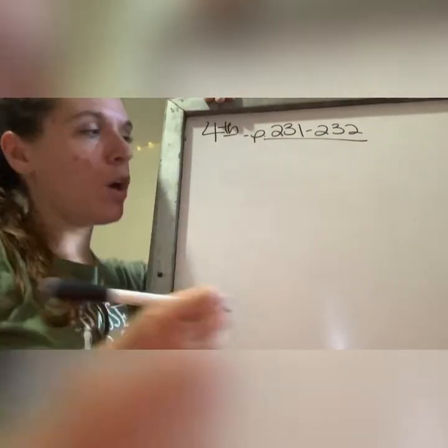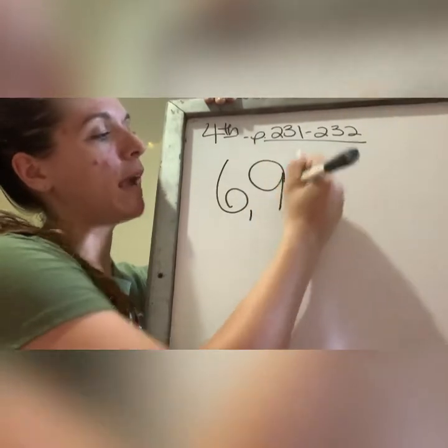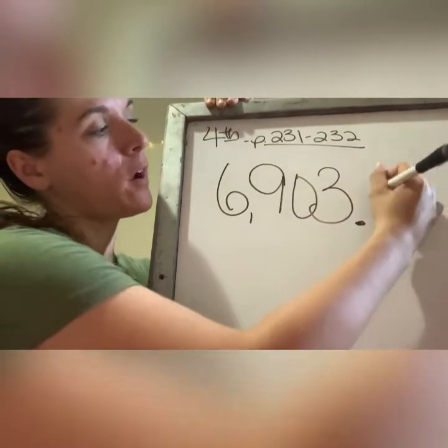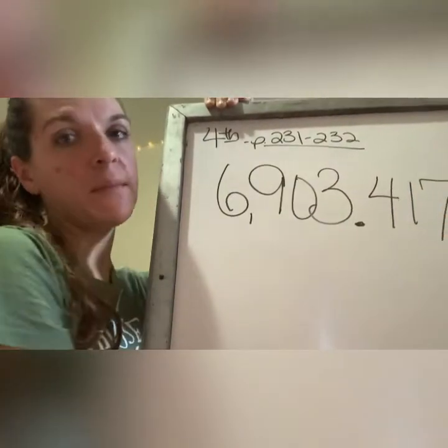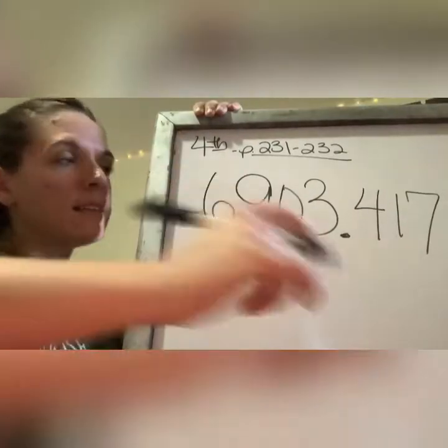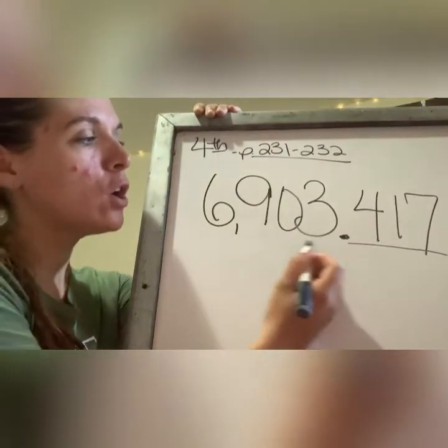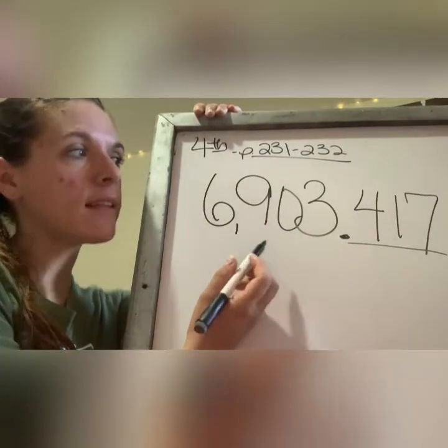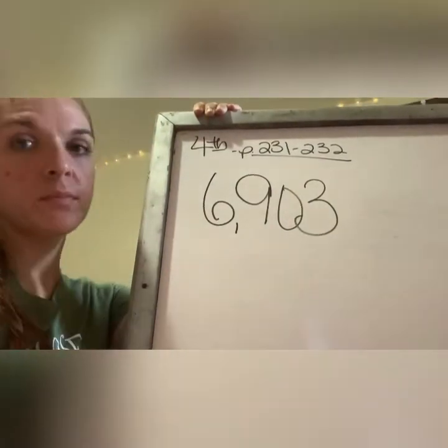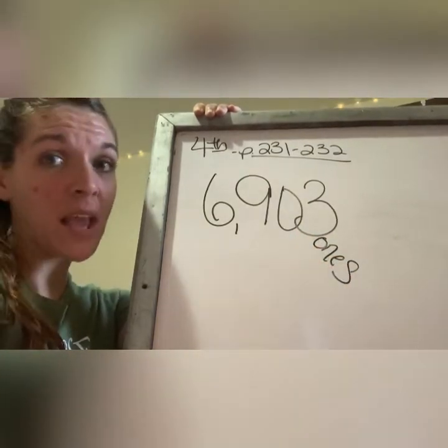Now, let's say that we have this number right here that's in the book. 6,903.417, right? Now, let's not even talk about this stuff over here yet. Okay, this is your decimal. But this stuff right here, you know the places, right? So let's act like this is not even here yet. The place of this is ones. We know that. That doesn't change.